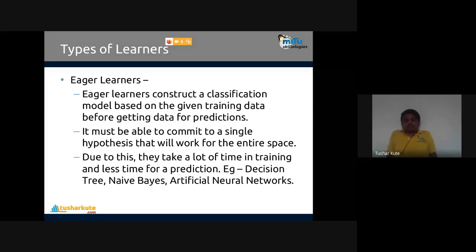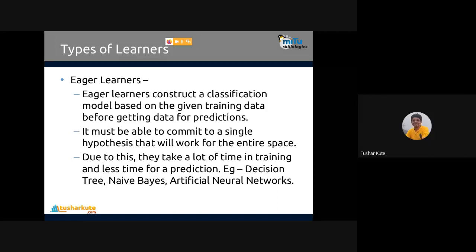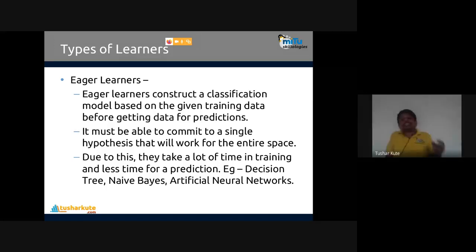Inverse to that, we have another kind of learning methodology called eager learners. Eager learners construct a classification model based on the given training data. Before getting the data for prediction, they create the model, and after the model is created, data will not be in use. The relationship that input and output have will be identified, and based on that, eager learners create the model.